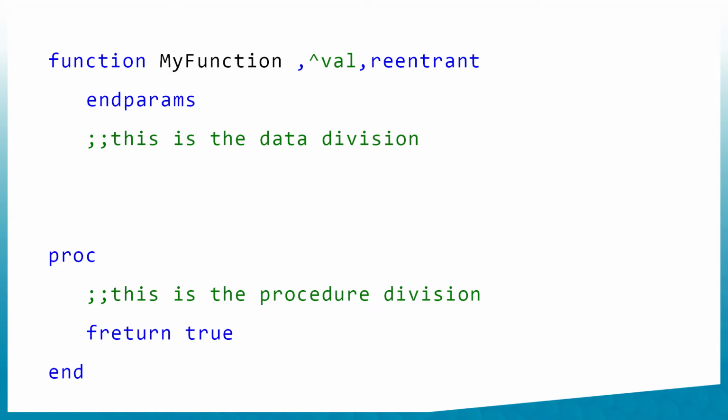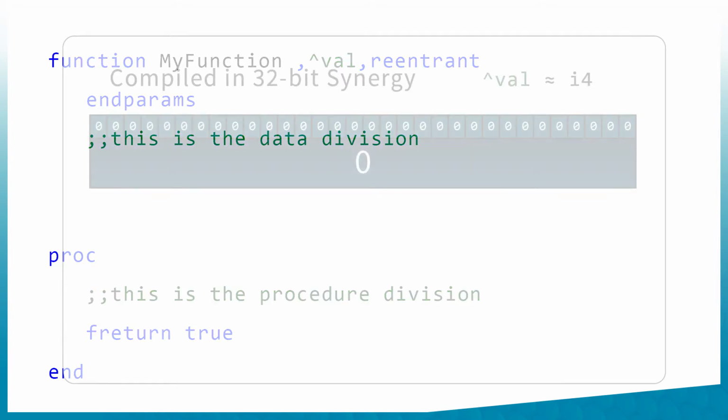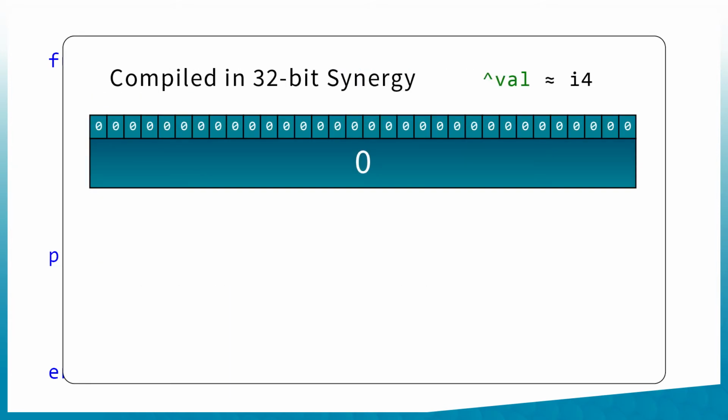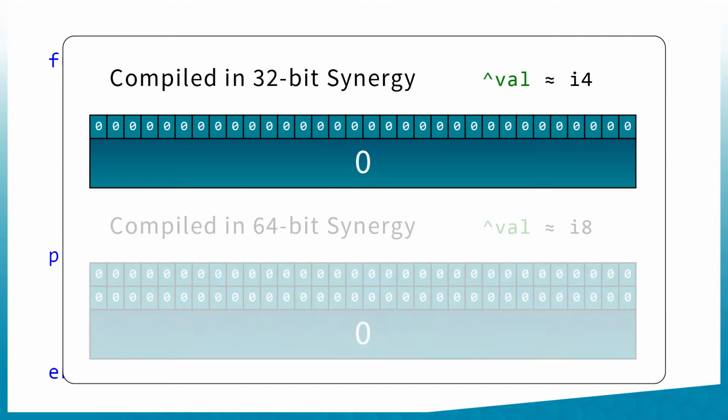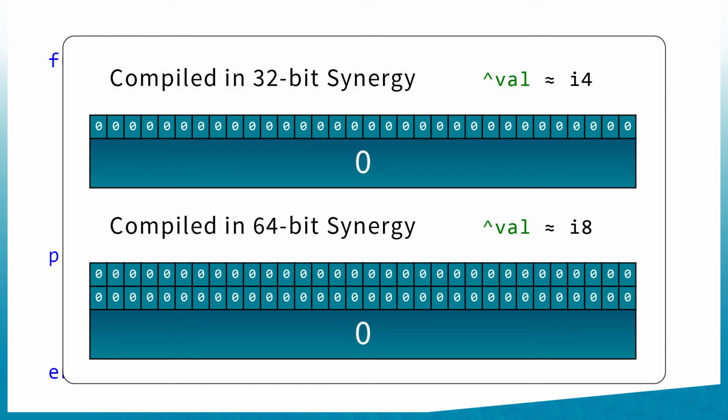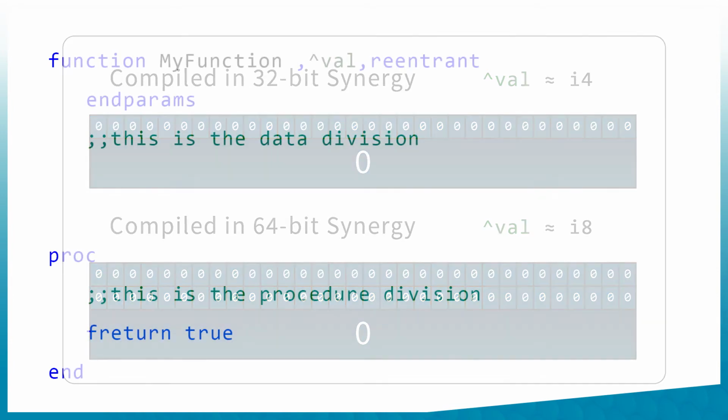A HatVal value is a native integer, which means that its size is determined by the configuration used to build it. For example, if a function is compiled for 32-bit Synergy, a HatVal will be 32 bits long, or an I4. If a function is compiled for 64-bit Synergy, a HatVal will be 64 bits long, or an I8.